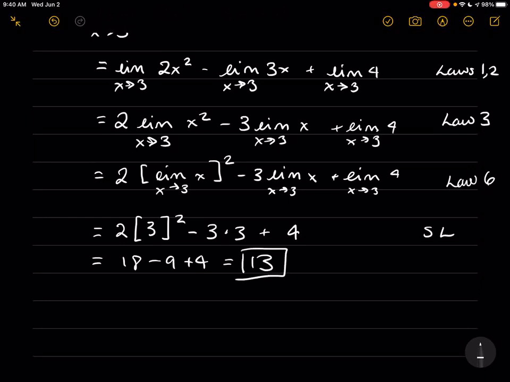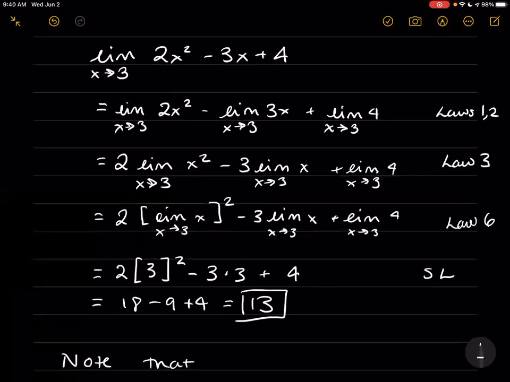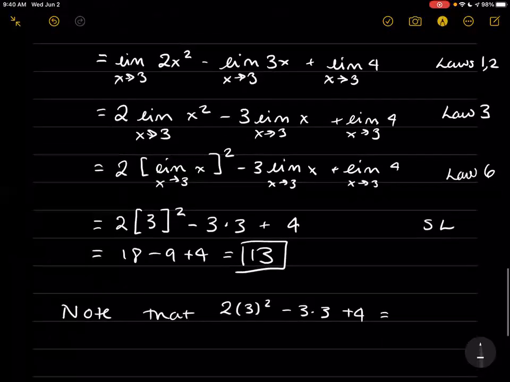Okay, but real quick, let's note something interesting. Note that if we take our original polynomial, the 2x squared minus 3x plus 4, and instead of doing all this limit nonsense to it, if we just plugged 3 into the polynomial, so 2 times 3 squared minus 3 times 3 plus 4, if you use some simplifying, 3 times 3 is 9, so it'd be 18 minus 9 plus 4.